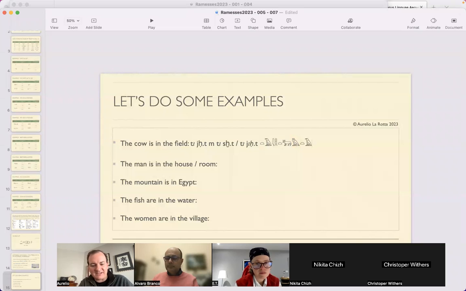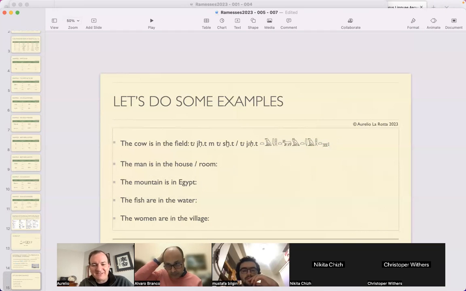I'm going to use the Yachid here for a moment, just because we had that before. There we go. Now, I didn't put them into nice squares, but I guess it's okay. Let's just go with it in the interest of time. Very well done. Cool. We had the word at before for house or room. Let's use that one. The man's in the house.